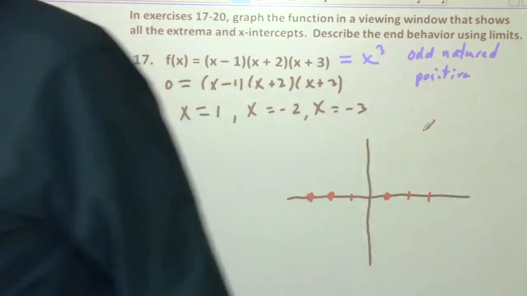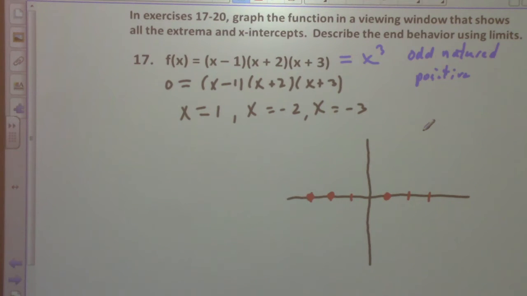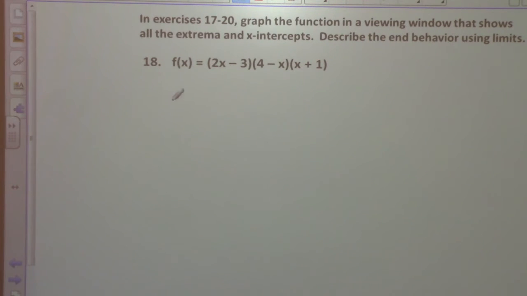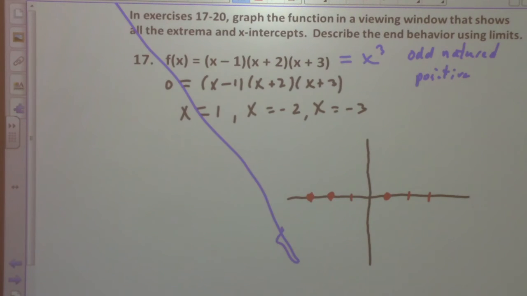Okay, so that's what we're going to do. And we know if we start low and end high, we're going to go like this. Start low, come up here, multiplicity of 1, we go right through, come here, and then we're going to come like this. That's what the thing is going to look like.